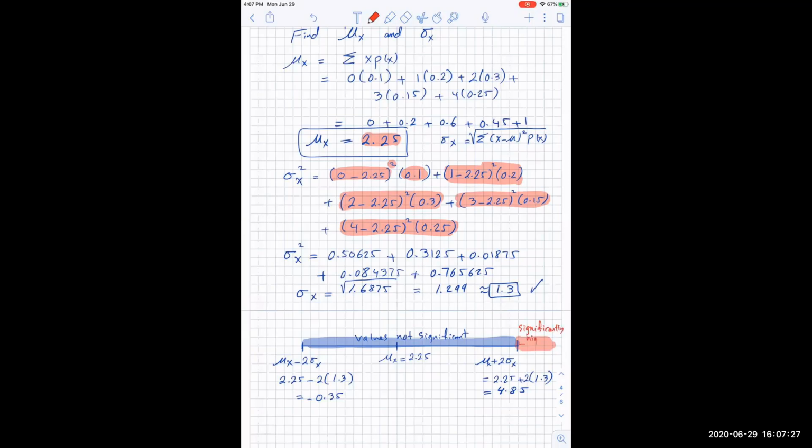If our X value falls to the left here, then it is considered significantly low.